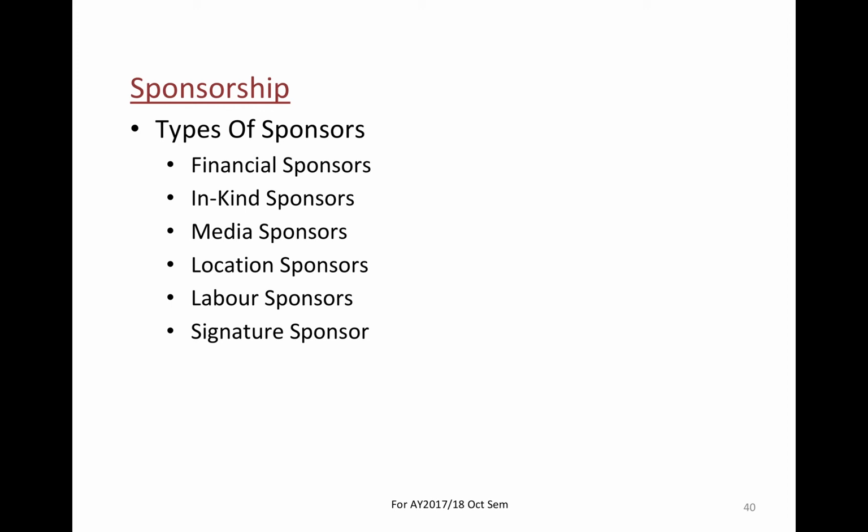So if they sponsor you with this, and all that, maybe their name will be mentioned when there is media coverage. Or if they sponsor you with more, then their names will be printed on collaterals. And if they really sponsor you with a lot of stuff to become the signature sponsors, then maybe you can have a stall or booth for them on the event day so that they can sell their stuff over there.